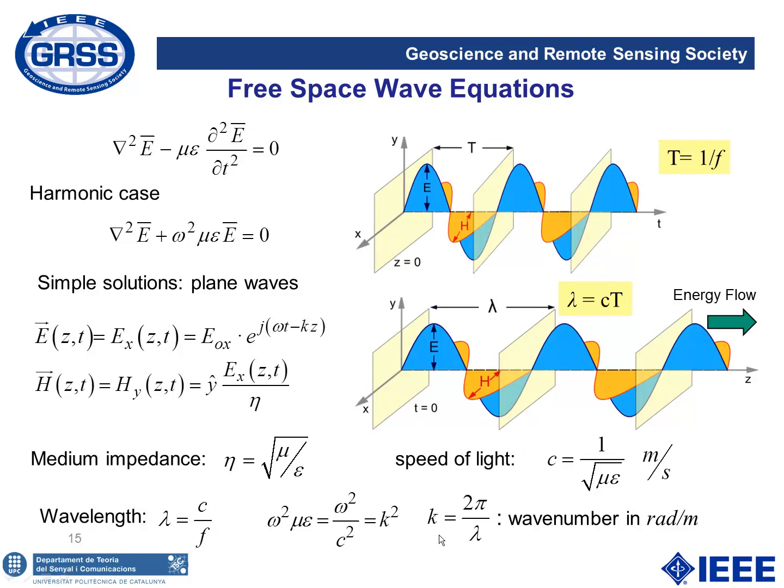And this wave number parameter, also related to the wavelength, expresses the phase which is lost by the wave when it's traveling through a medium. Actually, this wave number has units of radians per meter of traveled path.